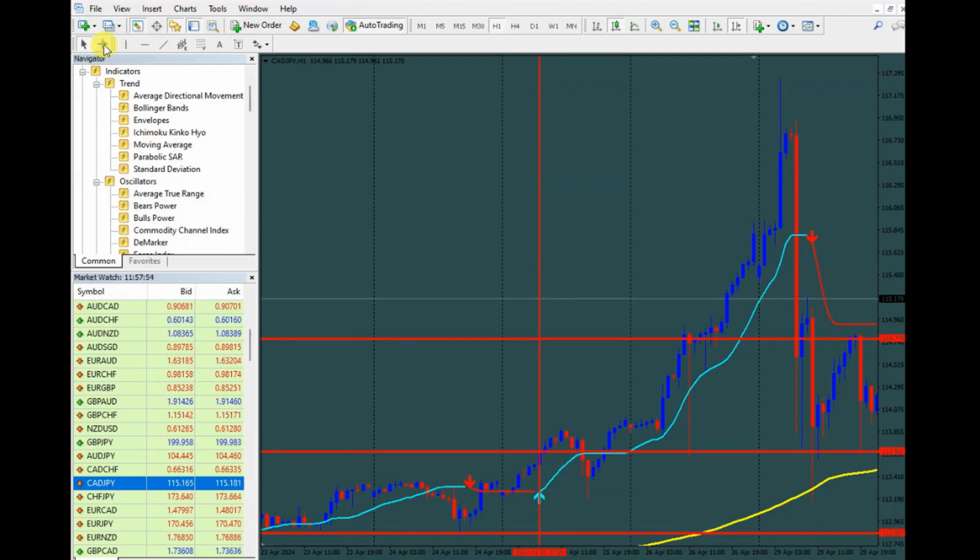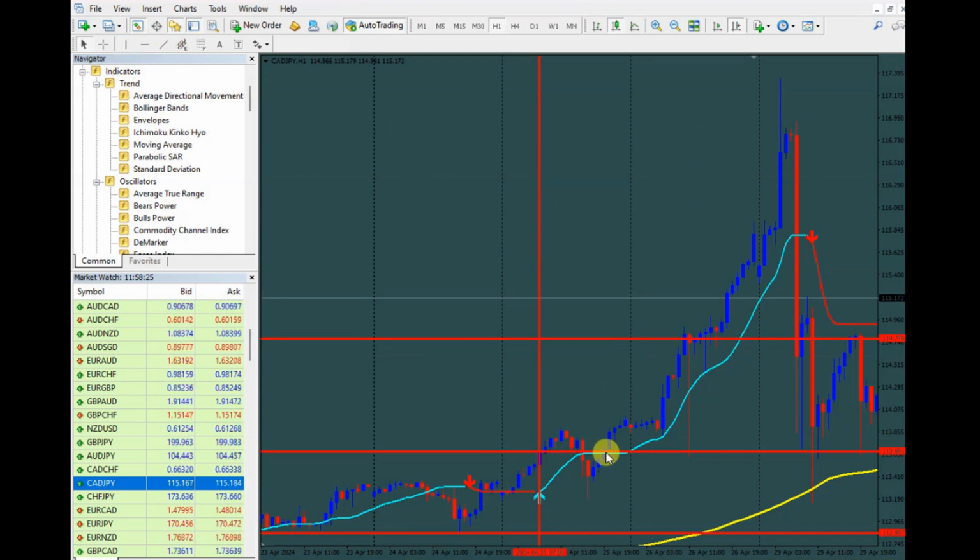Our take profit will be 160 pips. Our take profit will be here because we are taking a profit at 2 times our risk. So if our risk is 80 pips, our take profit will be 160 pips.